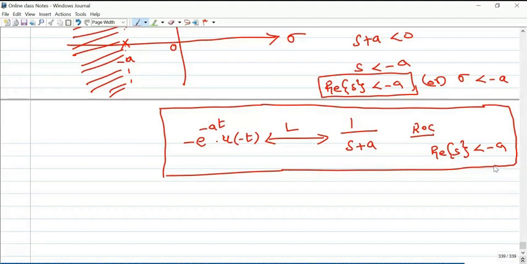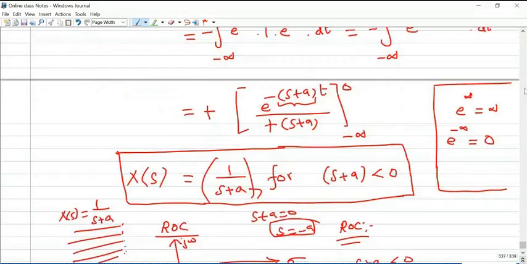For Fourier transform, if X of j omega is given, using the partial fraction method we can easily find the inverse Fourier transform. But in Laplace transform, based on region of convergence, we will get different results. See, X of s is 1 divided by s plus a. What is x of t? Minus e power minus at u of minus t.